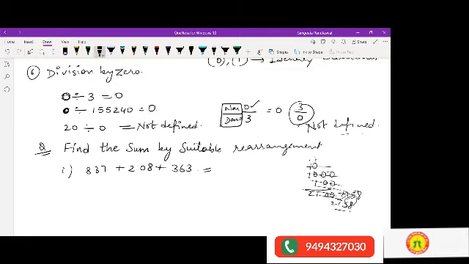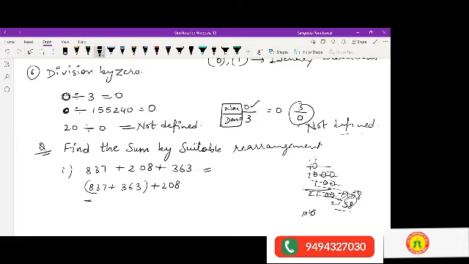Now if I take 837 and 208, would that be some rounded-off figure? Okay, so let's think of something else. If I have 837 added with 363, suppose I add these two and add this one afterwards, then what do I get?